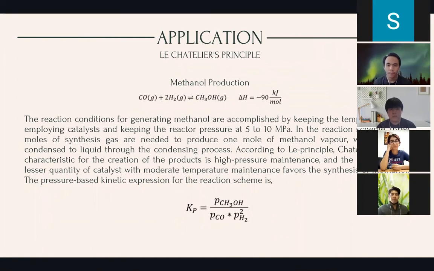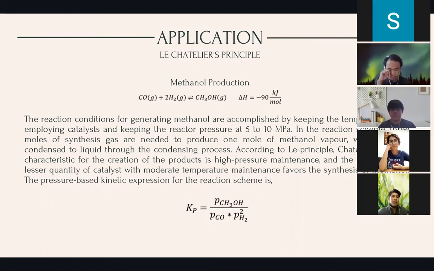Hello. So for the application, we're going to show how Le Chatelier's principle can be used in the industry. So in this example, our application is methanol production. And we can see here the chemical reaction for it.